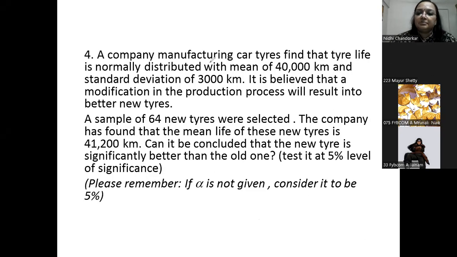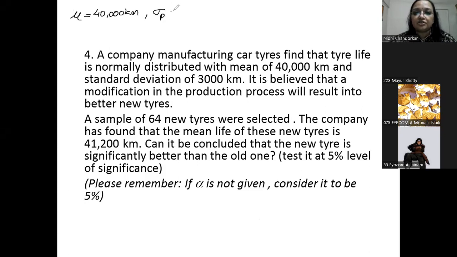Now, a company manufacturing car tire finds that the tire life is normally distributed with a mean of 40,000 kilometers. So what all is given here? First of all, population mean or standard mean is given. That is 40,000 kilometer. And the standard deviation is 3,000 kilometer because it is still talking about the population.